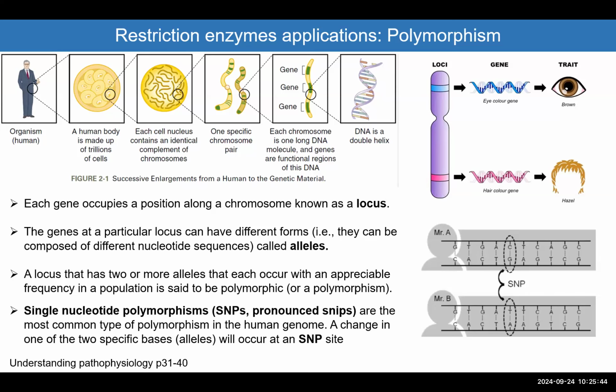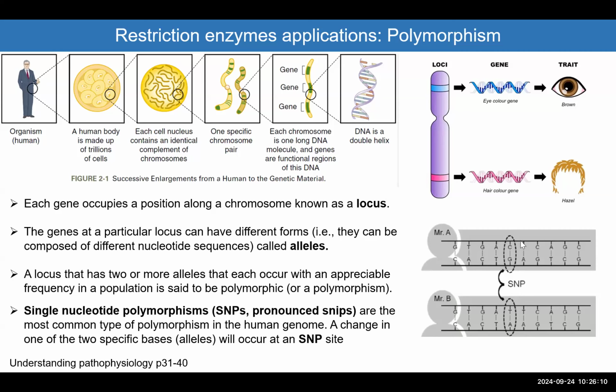I'm not sure if you heard before about single nucleotide polymorphism. A single nucleotide polymorphism, we call it SNPs. These are very common, and they cause changes in the gene expression. And therefore, the transcription and the translation will be different for that gene.